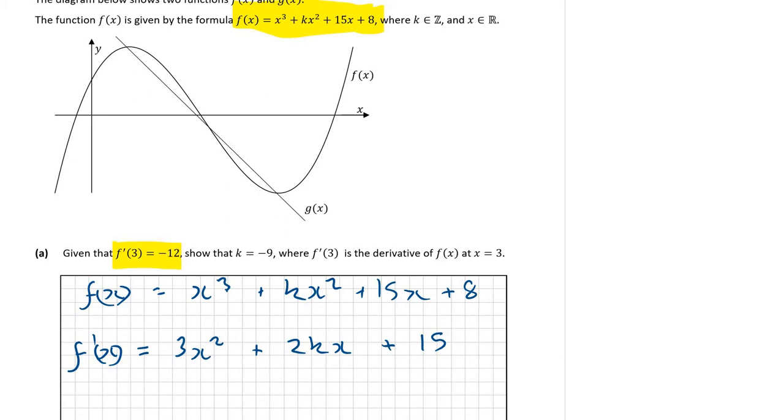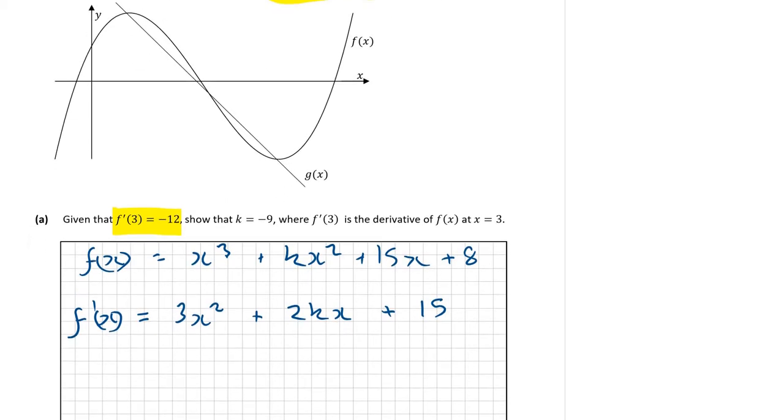Now you're told that f prime of 3, which is the slope where x is equal to 3, is equal to minus 12. So what we need to do here is substitute 3 in for x, which is 3 by 3 squared plus 2k times 3 plus 15. And that should be equal to minus 12 in the question.